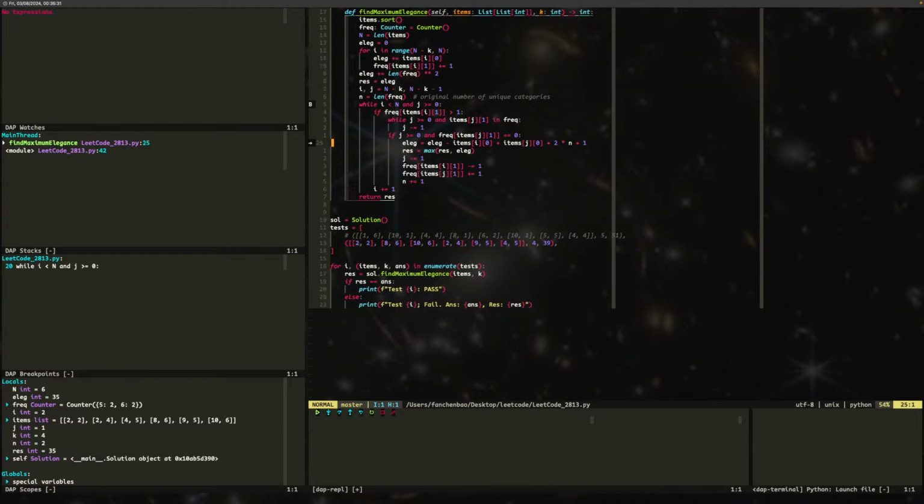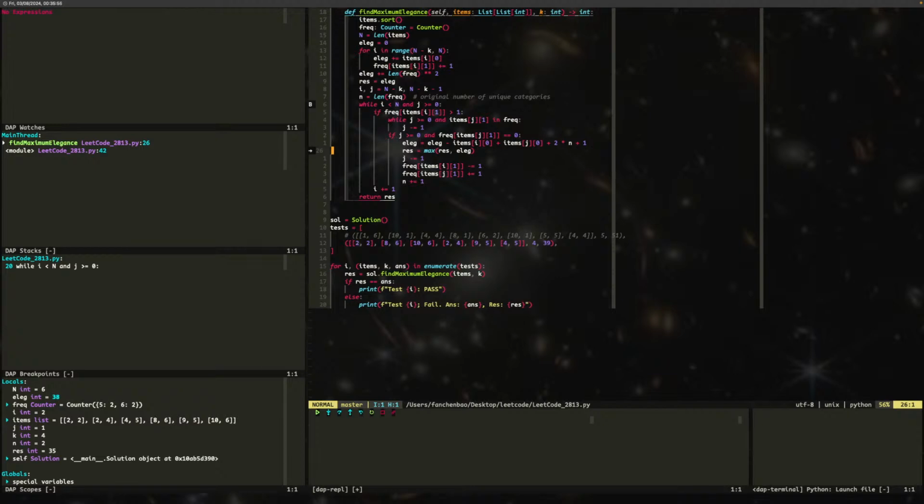So current elegance is 35 minus 4, okay, minus 4 and plus 2, so minus 2. So 35 minus 2, 33, and then plus the current n is equal to 2. So 2 times 2 is 4, plus 1, 5. So that's 38, right?